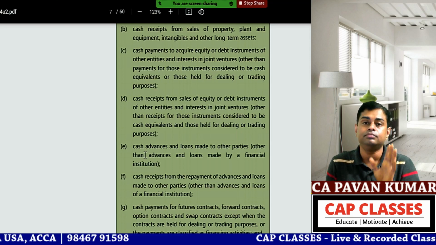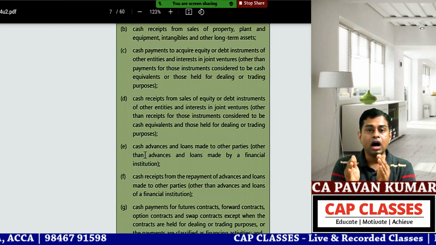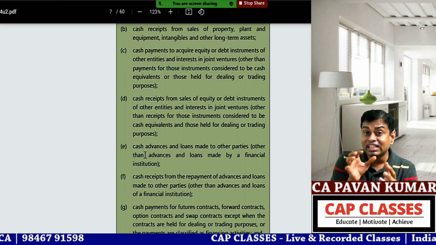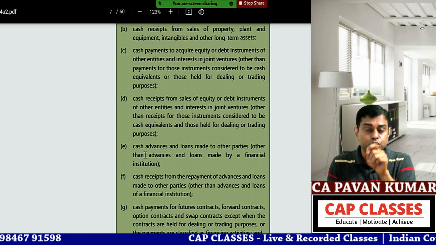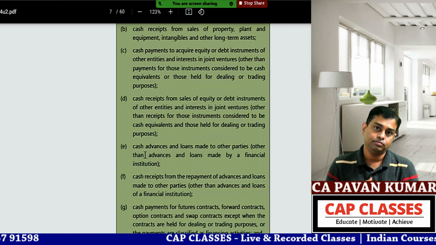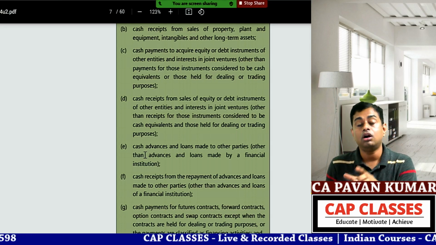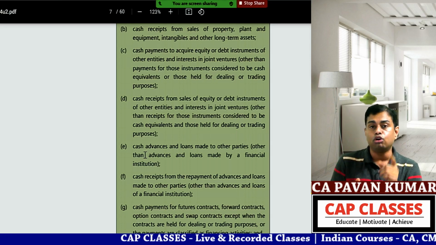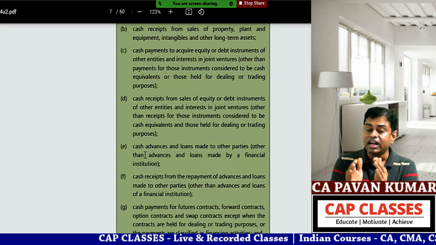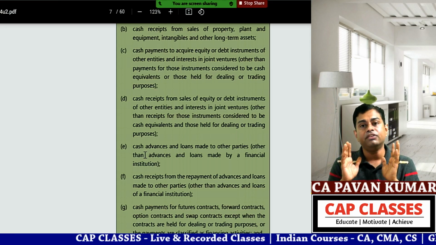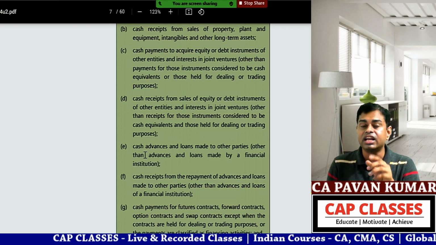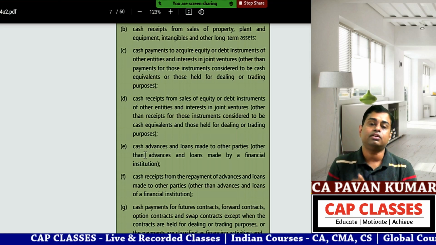That is operating. If you are a financial institution, bank or NBFC, you are giving loan, operating activity. You are taking loan, operating activity. If you are a normal entity other than bank or NBFC, giving loan, investing activity, borrowing loan, financing activity.